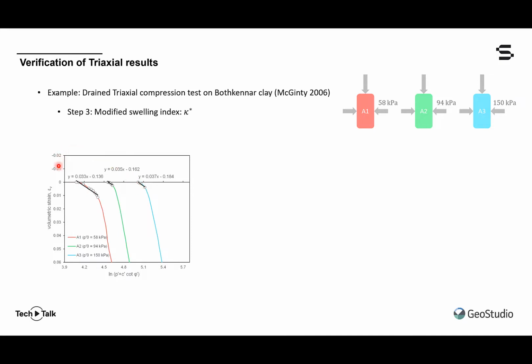We've used the trendline capability in Excel to fit three trend lines through those data, and you can see here that we can pull out our slopes, which is our modified swelling index: 0.033, 0.035, 0.037, giving us an average of 0.035.